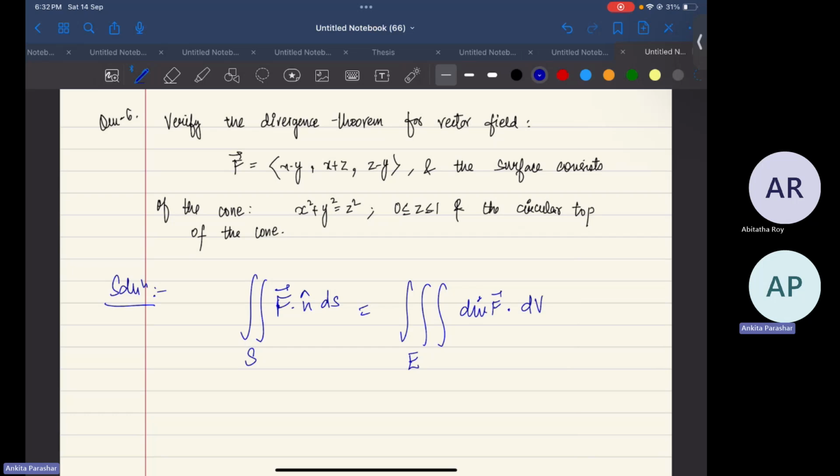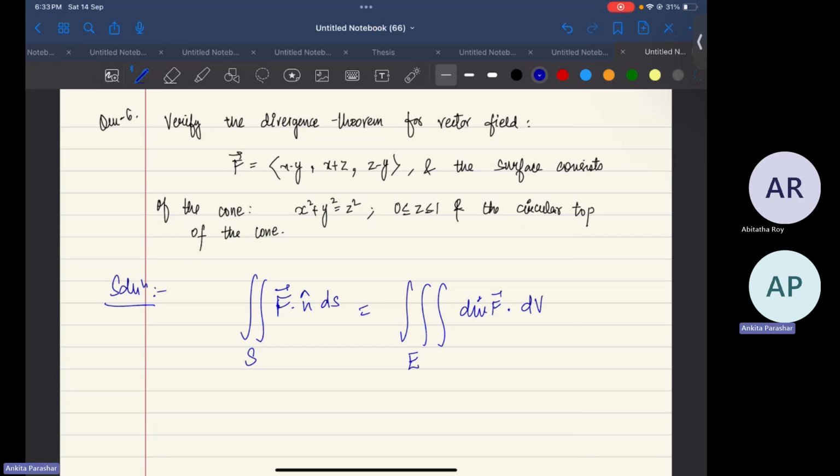So which do you think is simpler and can be computed simply? I think divergence. Yeah, I will go with divergence.